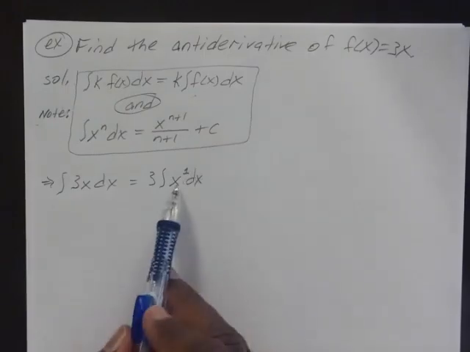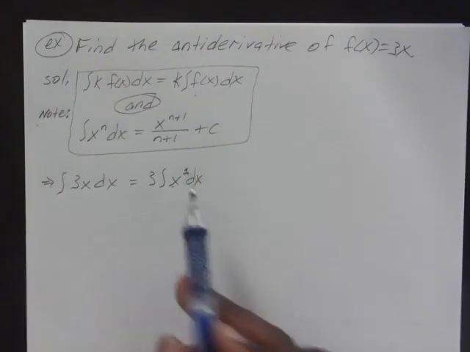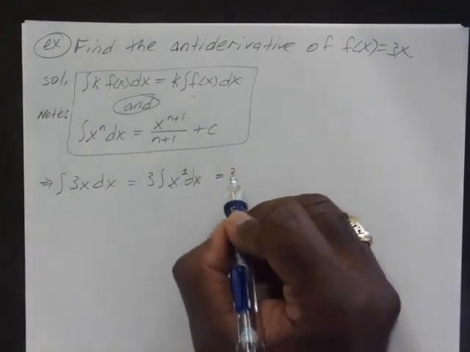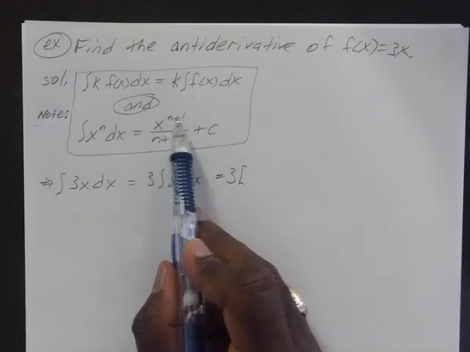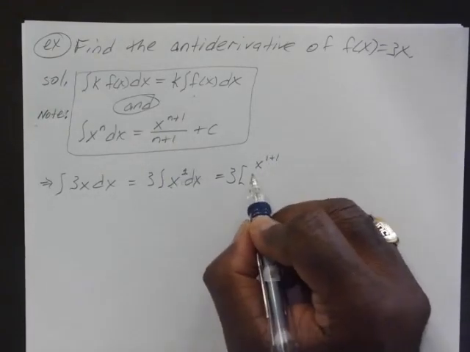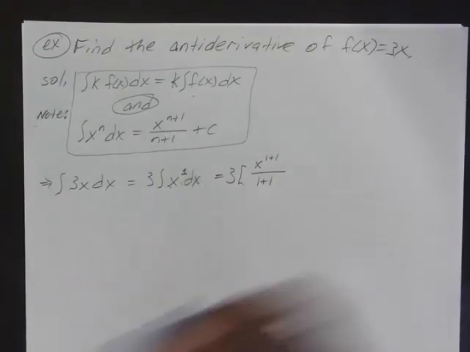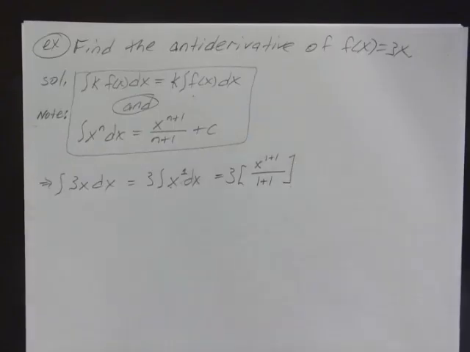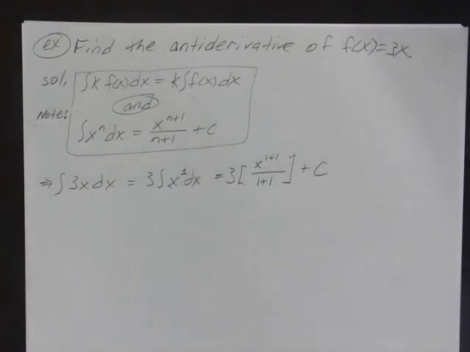Okay, so whenever you have your x, or whatever independent variable you're using, raised to the power of some real number, then that's just equal to x to the power of that number plus 1, divided by that same exponent plus 1, plus c. So we have 3 times x to the power of 1 plus 1, divided by 1 plus 1, plus c.